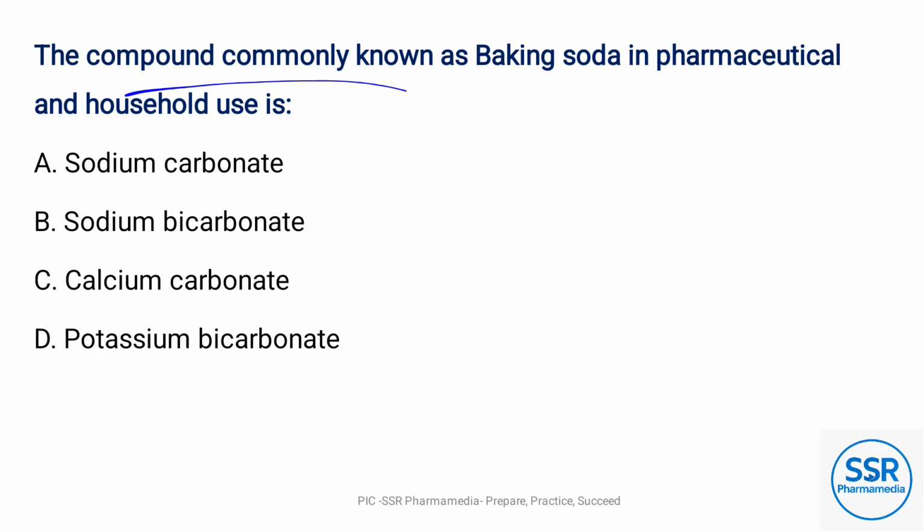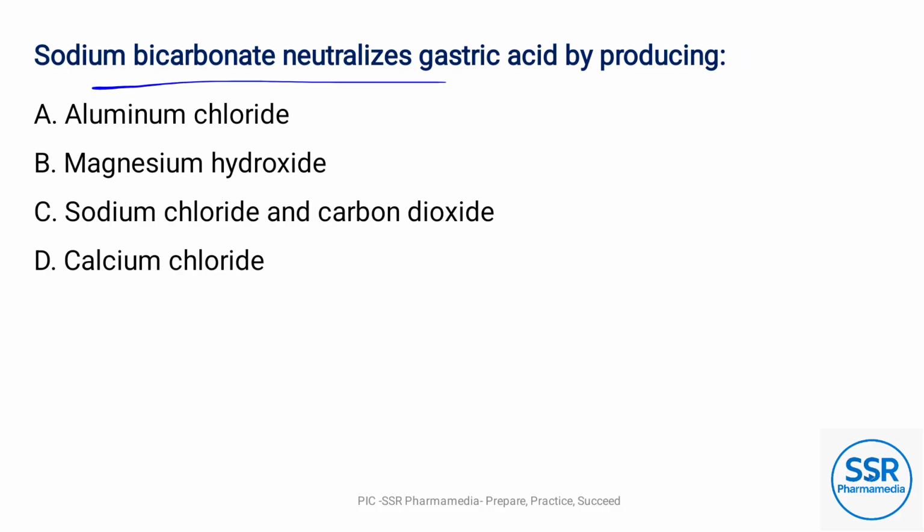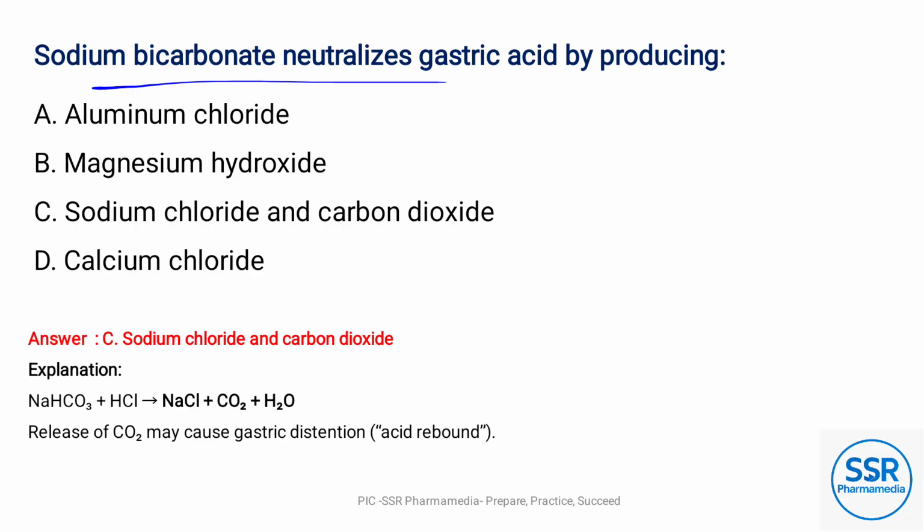The compound commonly known as baking soda in pharmaceutical and household use is option B, sodium bicarbonate. Sodium bicarbonate neutralizes gastric acid by producing, option C, sodium chloride and carbon dioxide.